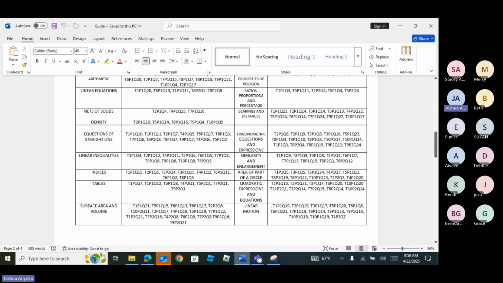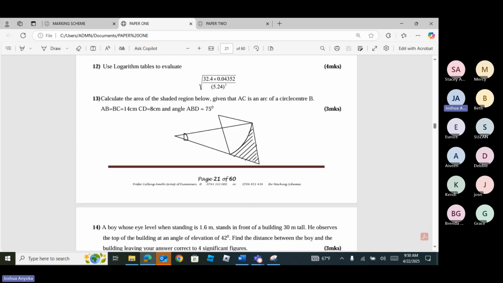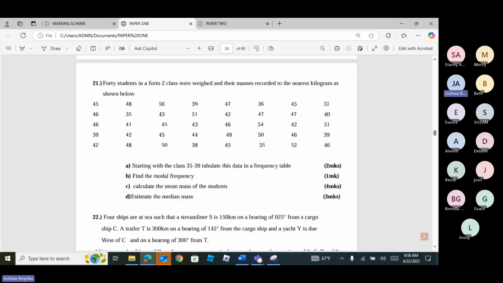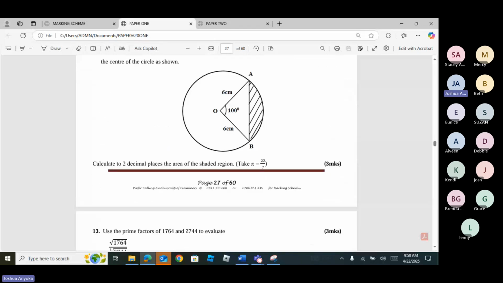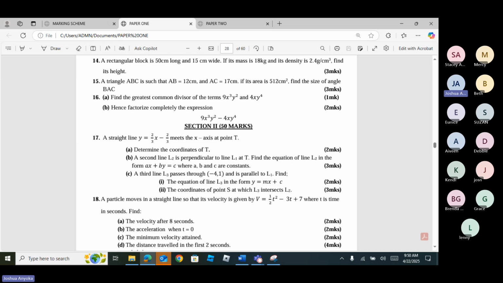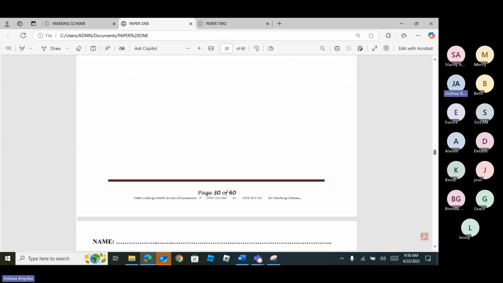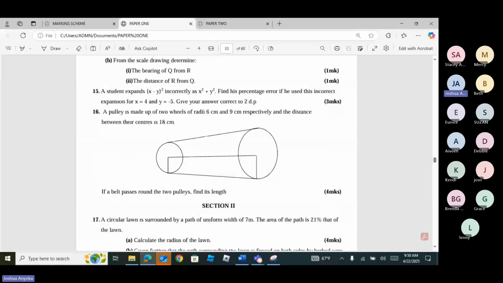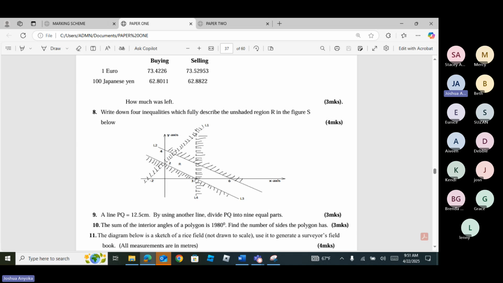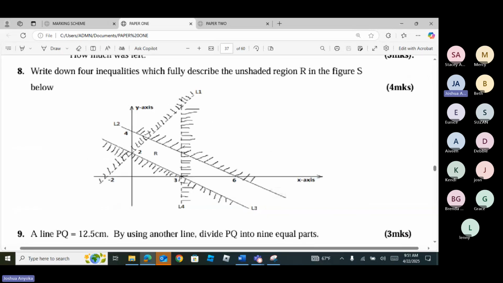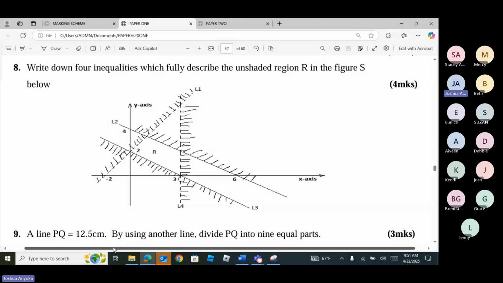Linear inequalities, trial 7, paper 1, question 8.